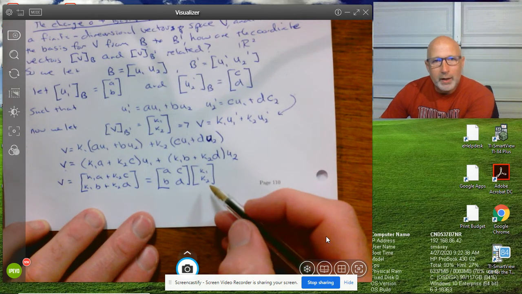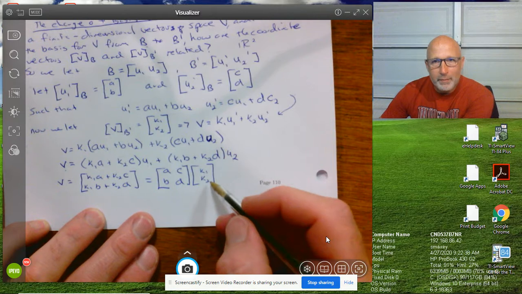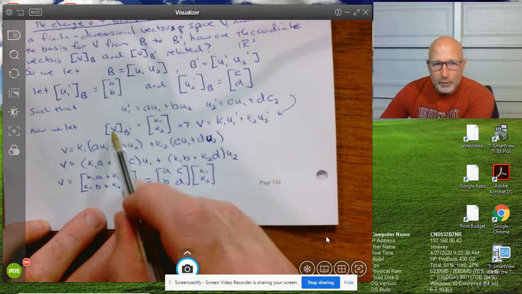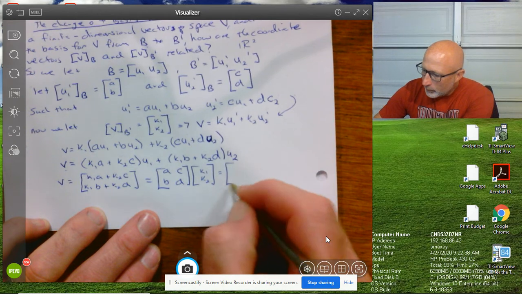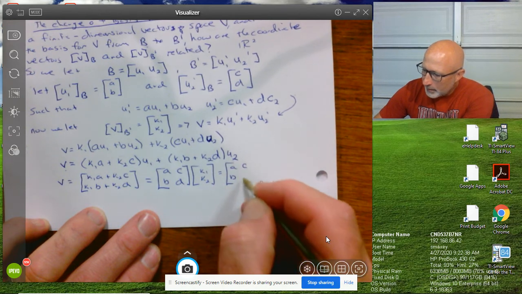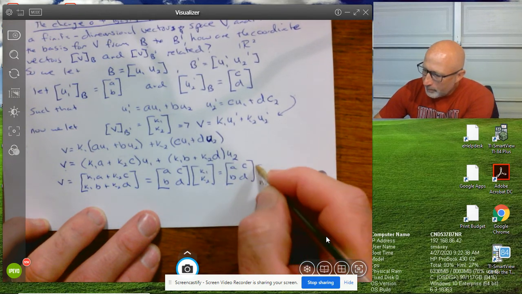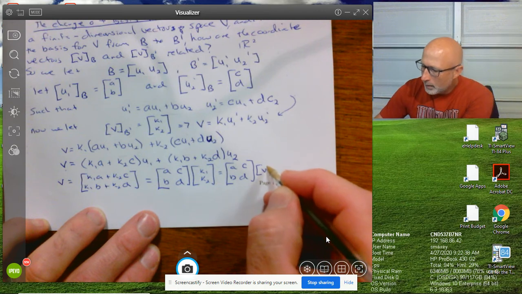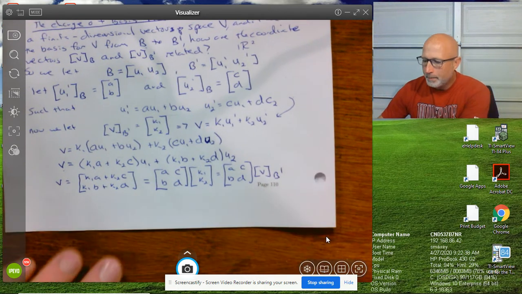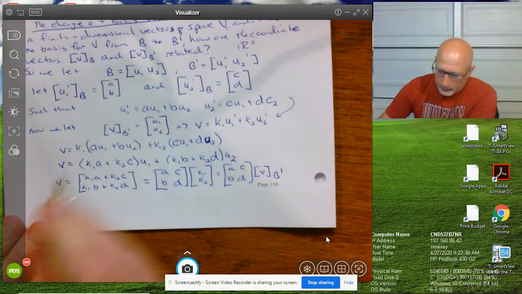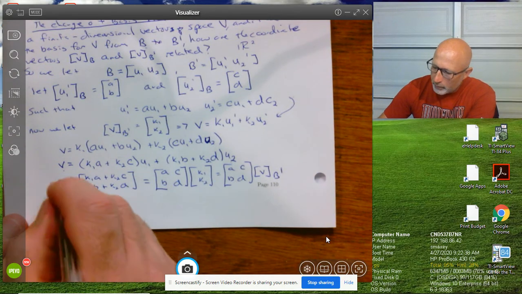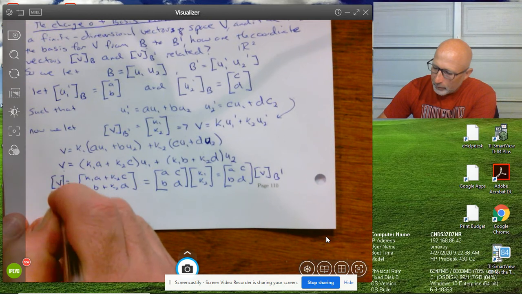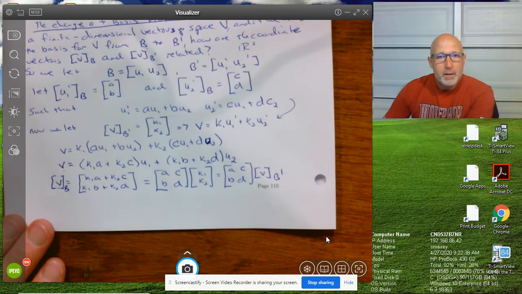But what is K1, K2? We've seen that before as well. K1, K2 is V under the basis B prime. So this is equal to A, C, B, D times the vector V under the basis B prime. And since it was a linear combination of U1 and U2, this is the vector V written under the basis B. So what did I do?